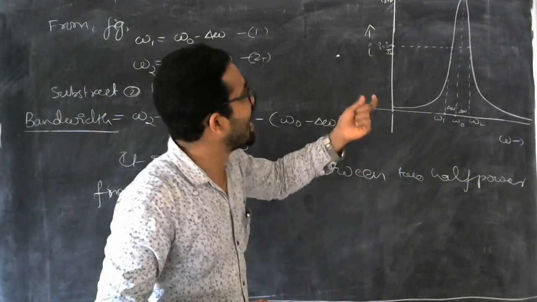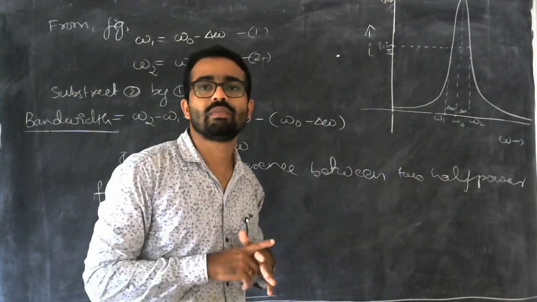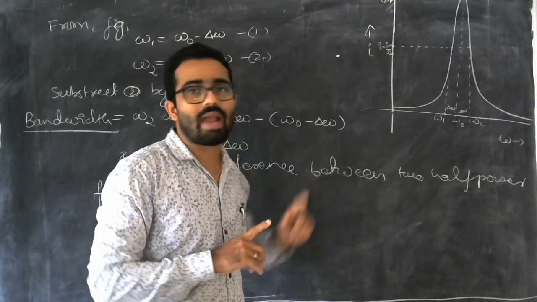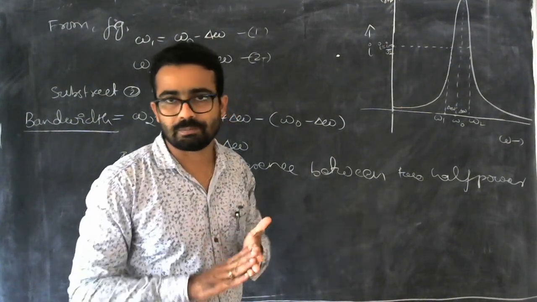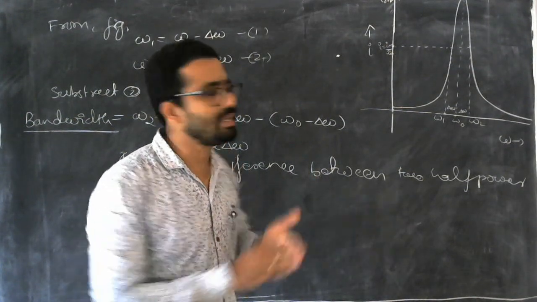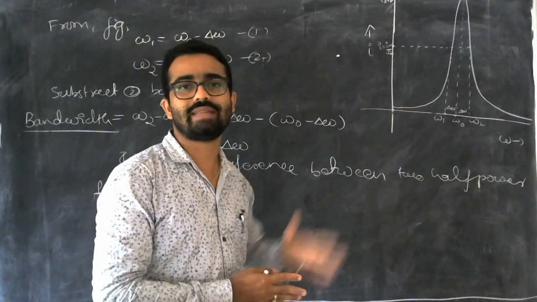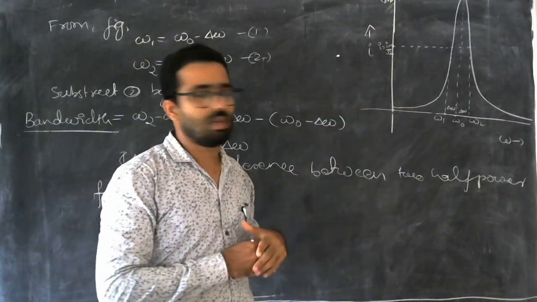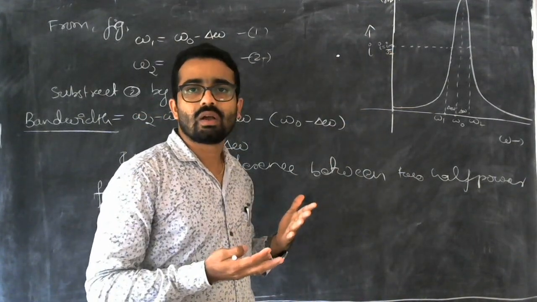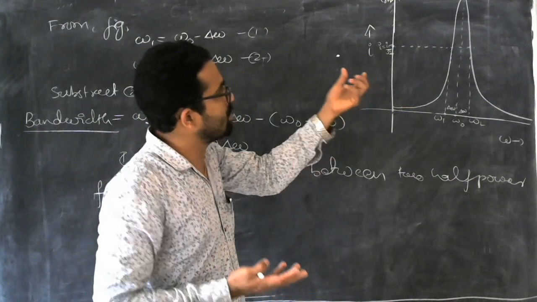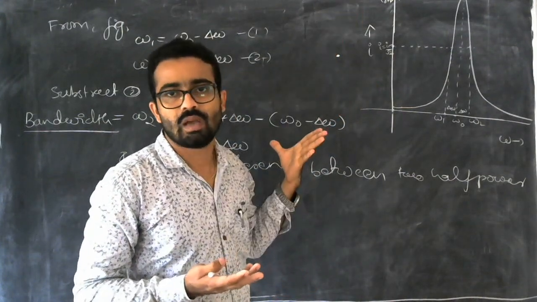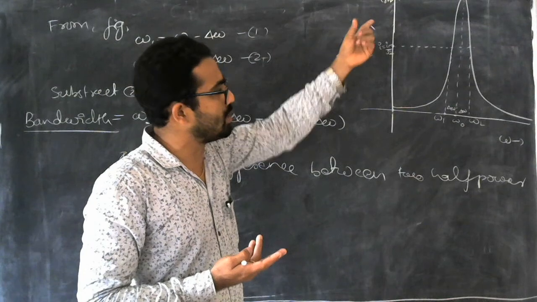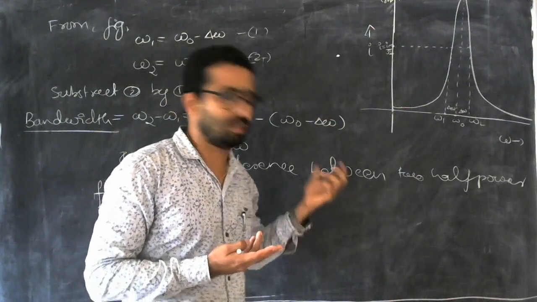That is the sharpness of this curve, and this can also be called as quality factor. Quality factor means it is the quality of that curve. Quality means whether the curve is sharp or not. And this sharpness of the curve depends upon the bandwidth.